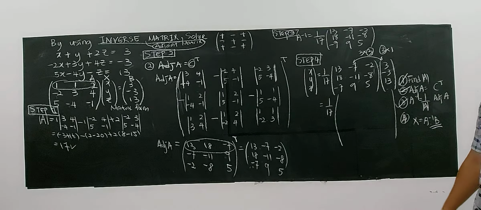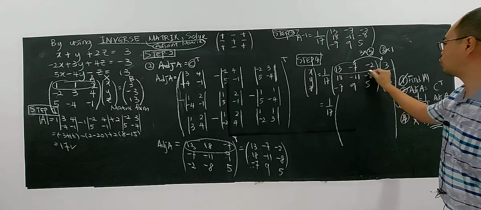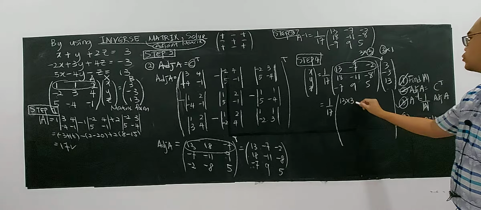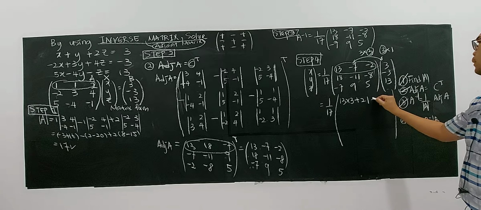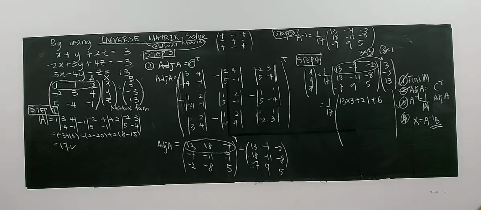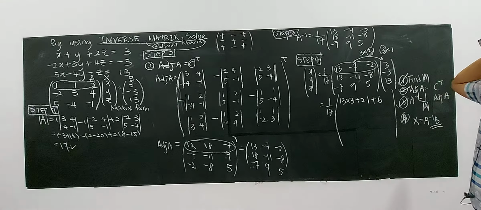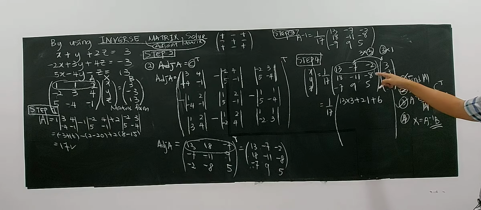So how do you get the first row? You take the first row and multiply with this column. 13 multiplied by 3, negative negative positive 21, plus 6.